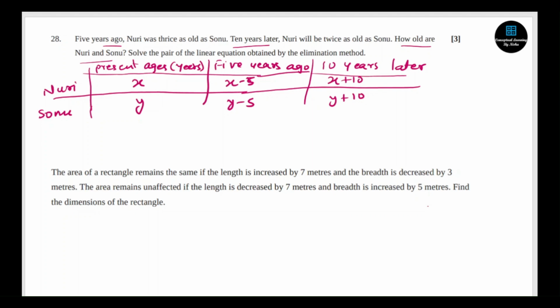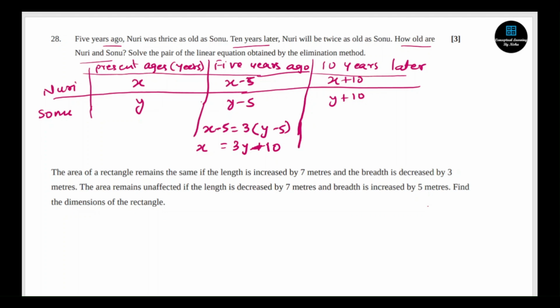So that means x minus 5 equals thrice as old as Sonu, so 3 times y minus 5. So you got this first relationship. And then you have to simplify and you can make the equation for this. So what you will get here, x equals 3y, this 5 goes the other side, minus 15 plus 5, so that becomes minus 10. So we have this first equation.